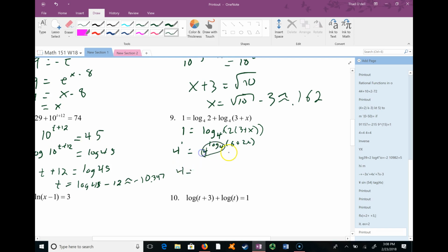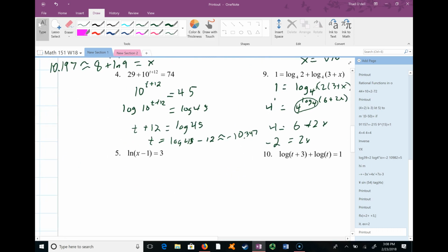But these cancel each other out, so I'm left with a 6 plus 2x. Subtract 6 from both sides, I get negative 2 is equal to 2x. And divide by 2, and I get negative 1 is equal to x. Check it to make sure it works. If I plug a negative 1 in there, I get 3 plus negative 1 is 2, and it's positive, so it's okay. I just can't have a negative inside the log, or a 0 inside the log.